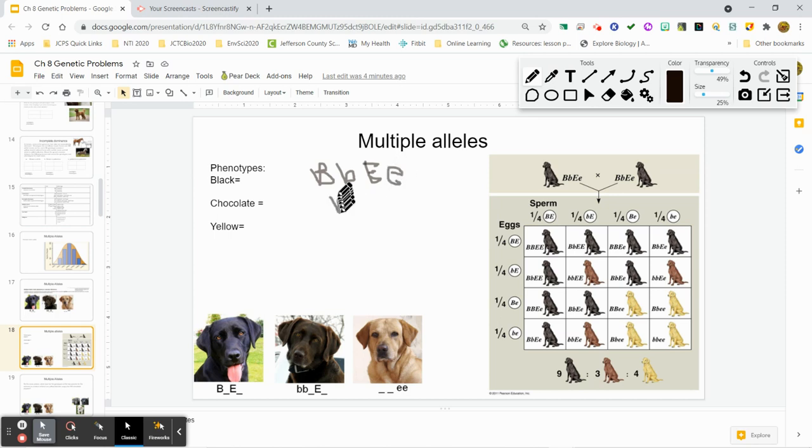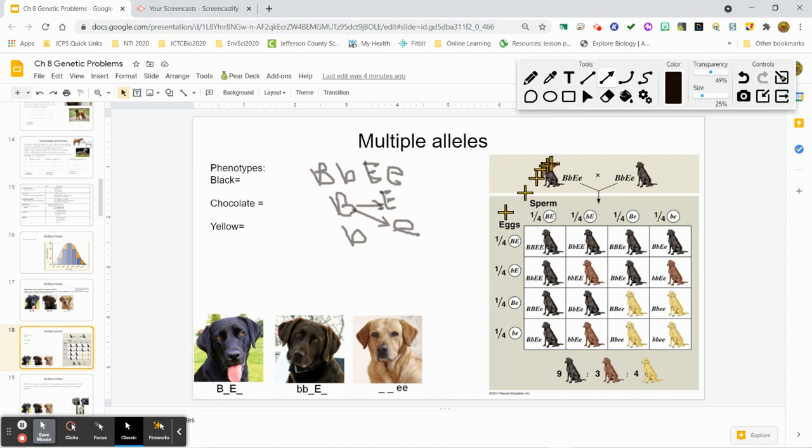And so the alleles that he can give here, he can give a big B or little b, and they can give a big E or a little e. And now you're going to do all those combinations. So this is big B, big E, that's right there. And this one is going to be big B, little e, which is right there.